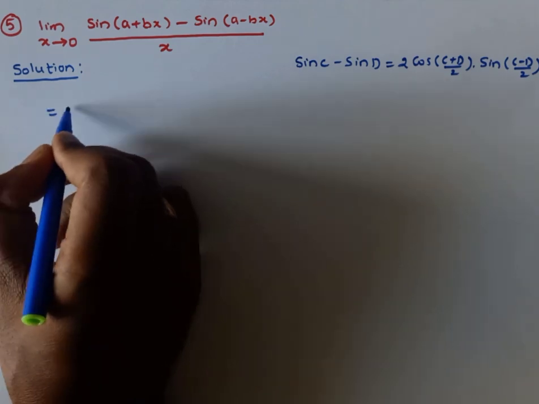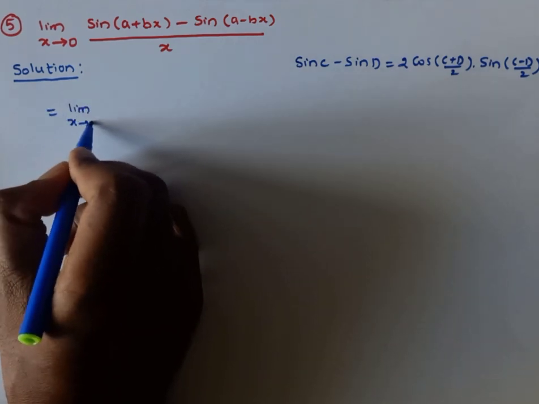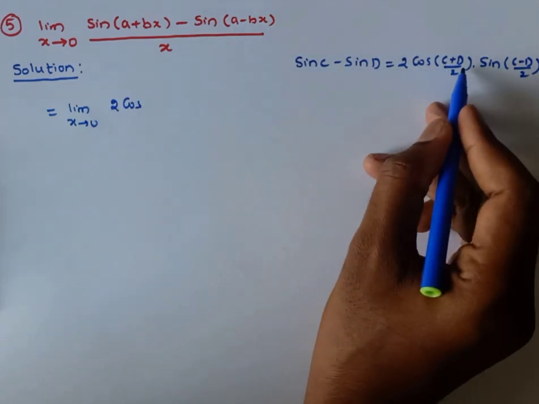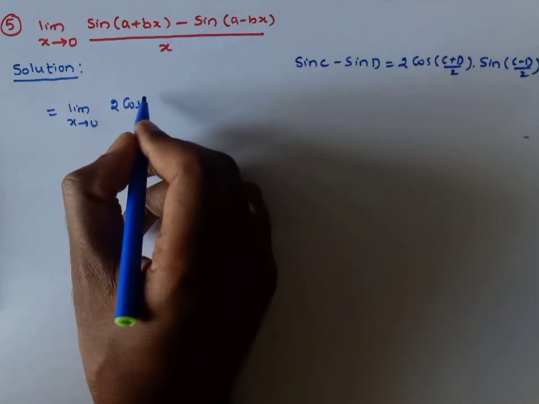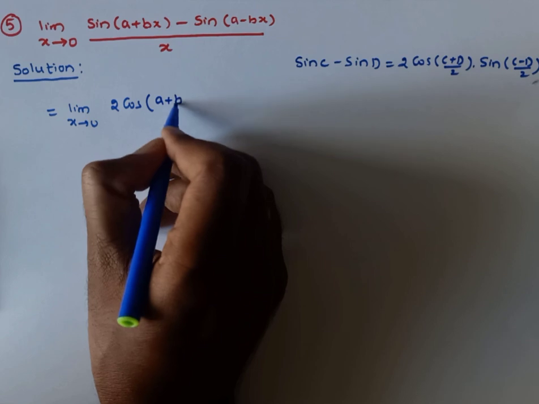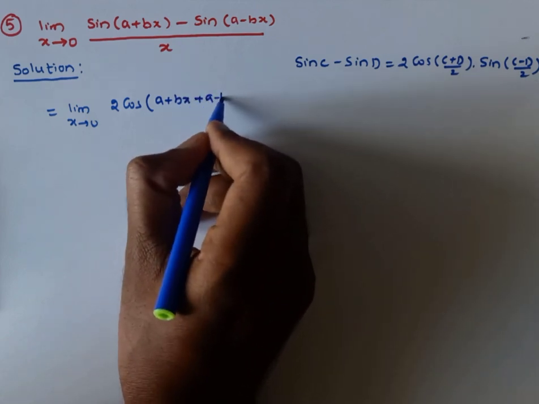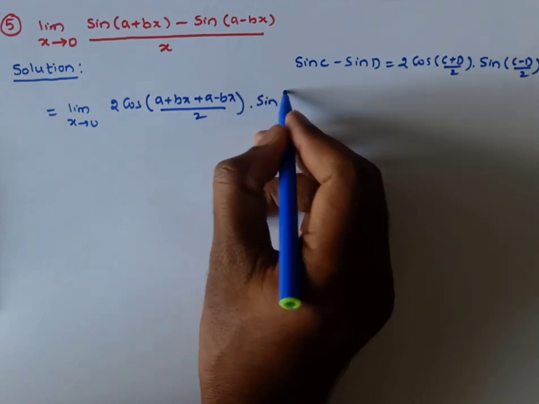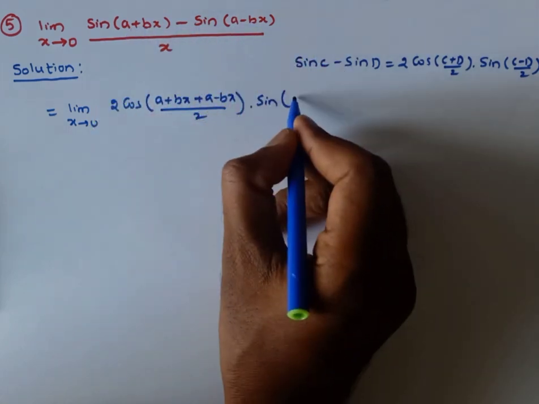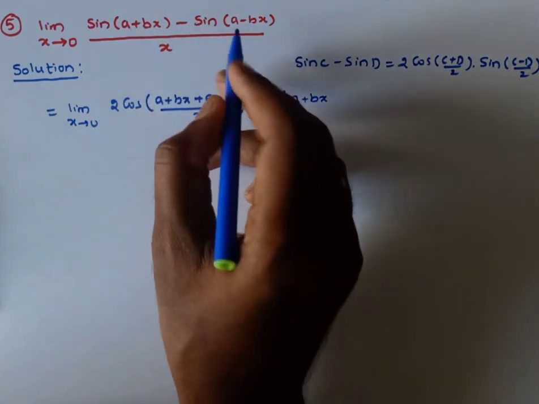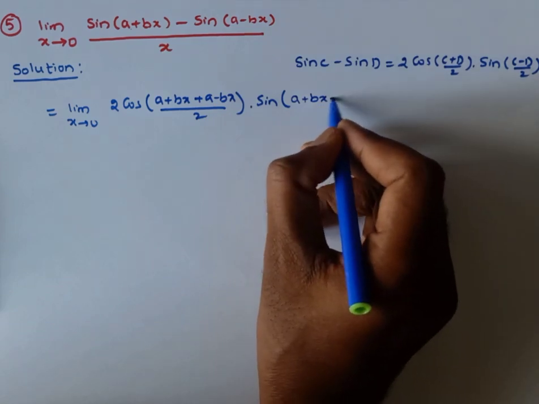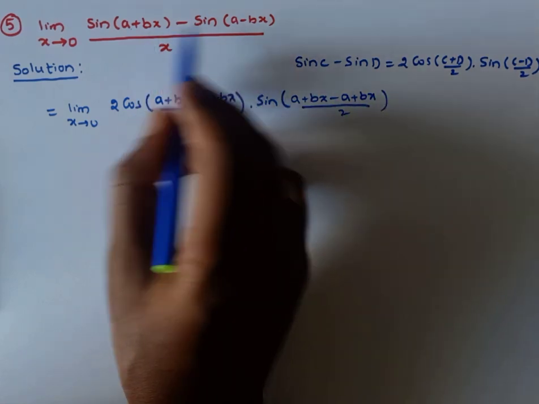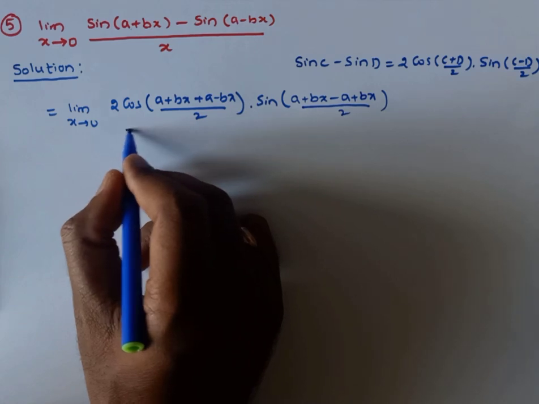So the problem can be written as limit x tends to 0. Sin c minus sin d is 2 into cos of c plus d by 2, where this is c and this is d, so c plus d is a plus bx plus a minus bx by 2, into sin of c minus d, which is a plus bx minus of a minus bx, whole divided by x.